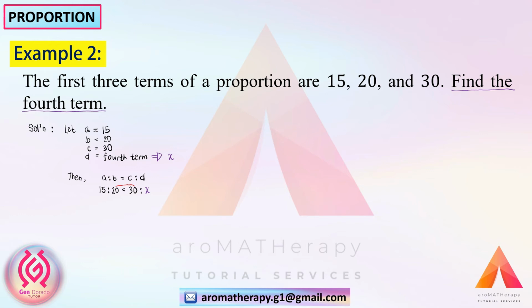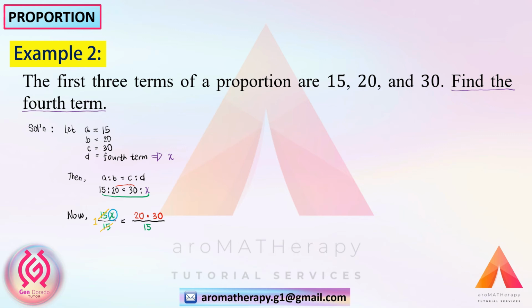Now let's try to solve for the value of X by equating the product of their means and their extremes. So now we have 15x is equal to 20 times 30. So we need to divide 15 on both sides of the equation. Let's cancel 15 on the left hand side.